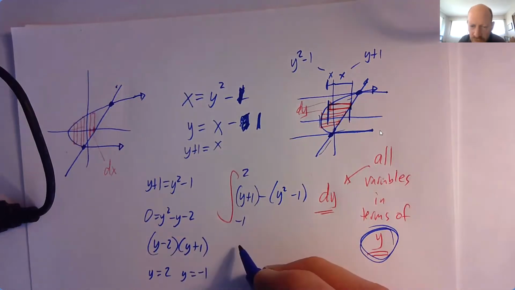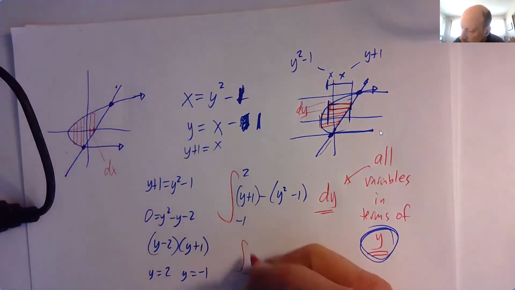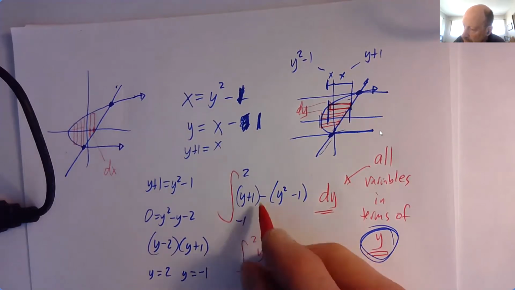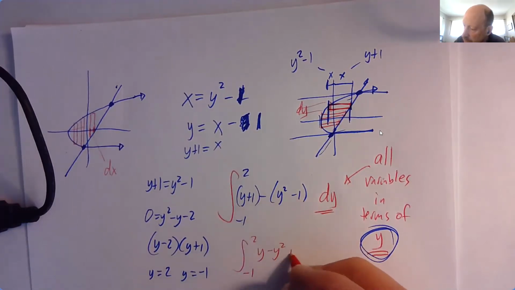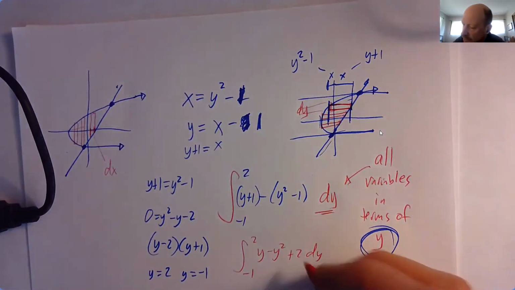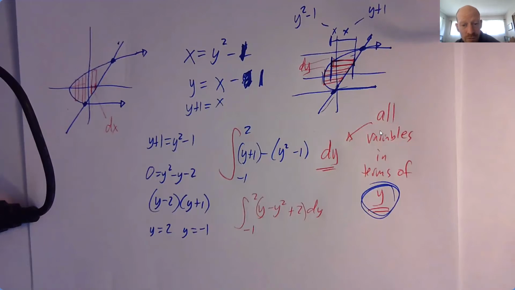It's almost always easiest to combine these: +1, +1, +2. And we can do this, but let's not. It's just a polynomial. You can find its antiderivative and calculate that value.